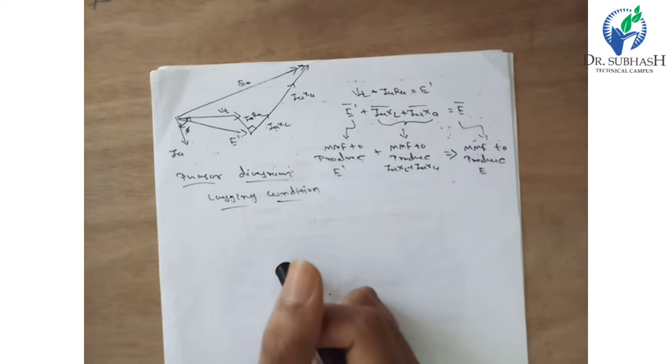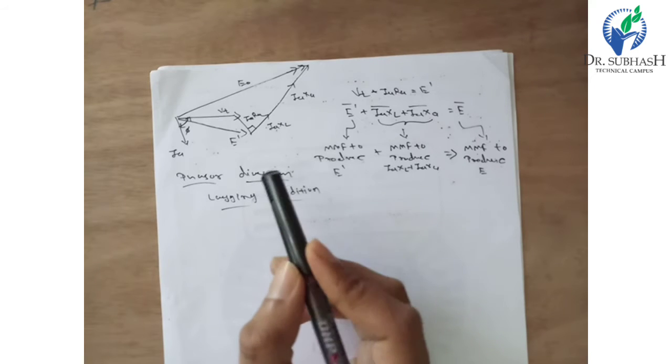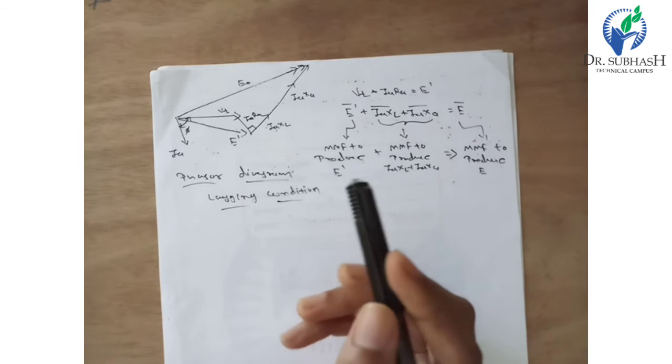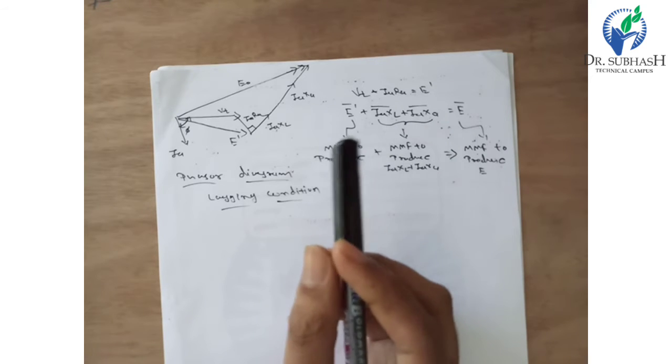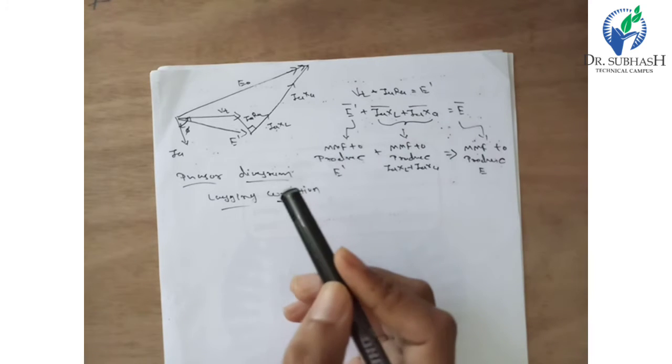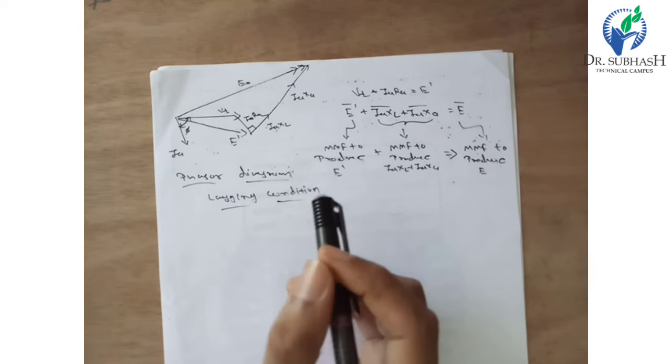In the magnetomotive force method, the leakage reactance drop is considered as an additional armature reaction drop. This voltage drop can be expressed in terms of an MMF, the armature MMF. In other words, the leakage reactance MMF is considered as an additional armature reaction MMF.